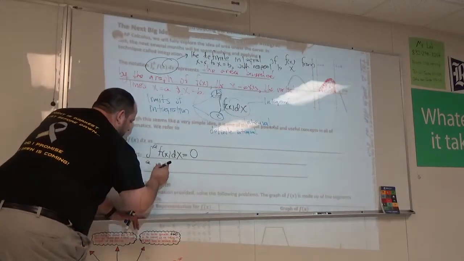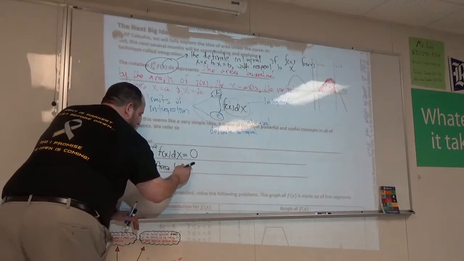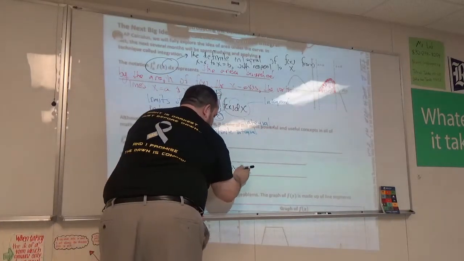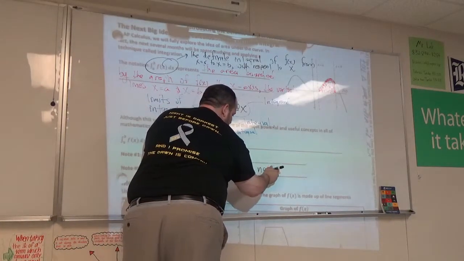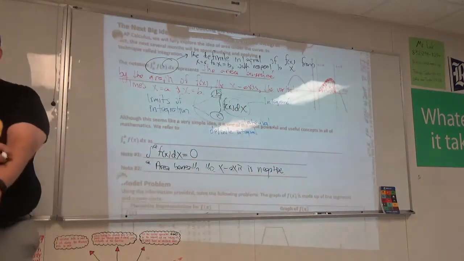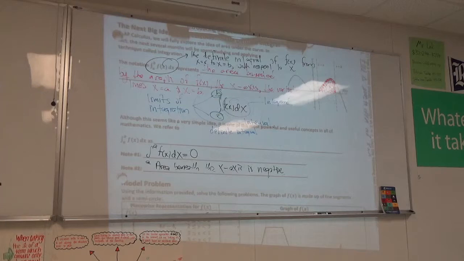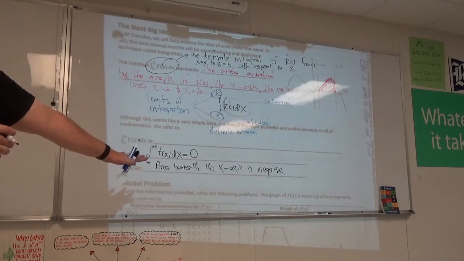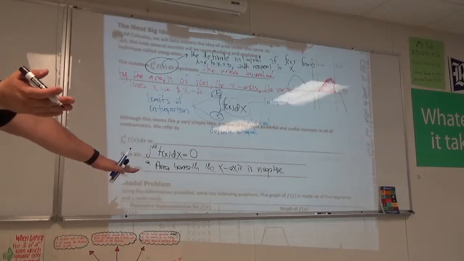Another note is that area beneath the x-axis is negative. I know you never actually dealt with negative area in geometry. Area was always positive. In the world of calculus, area below the x-axis is negative. You guys do this with physics all the time, right?